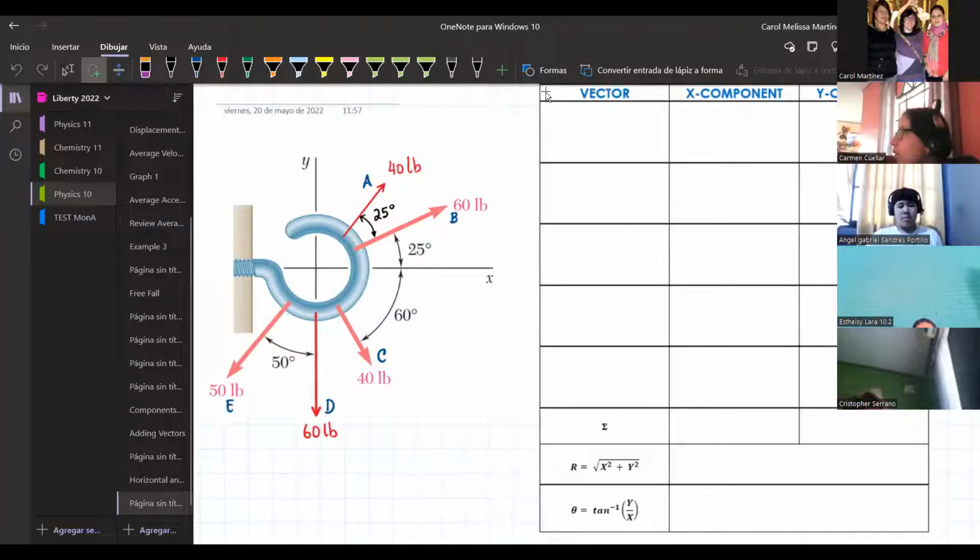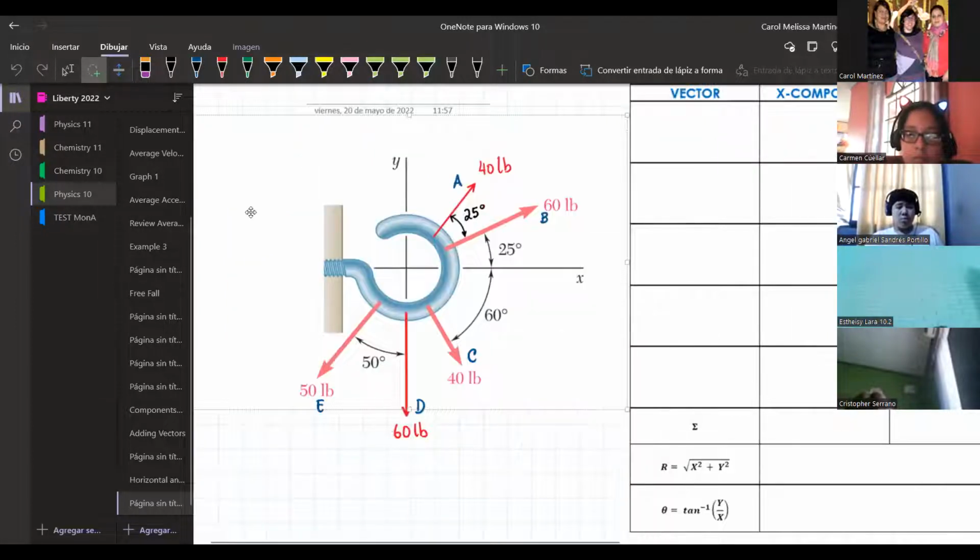So I'm going to start with my vectors, but take a look at the first one. As you can see, all these arrows are coming from the center, but even if you don't see it coming, yes, it is coming from the center. If I project this vector, it comes from the center.